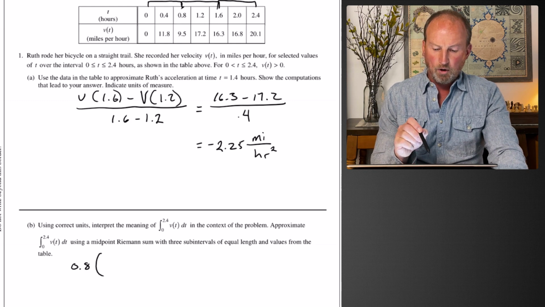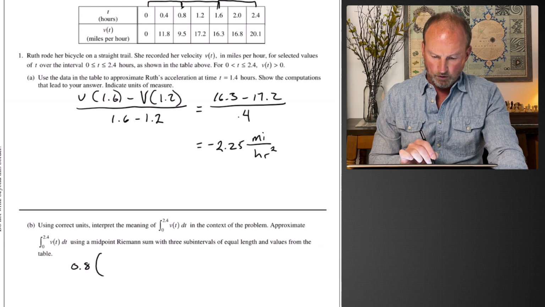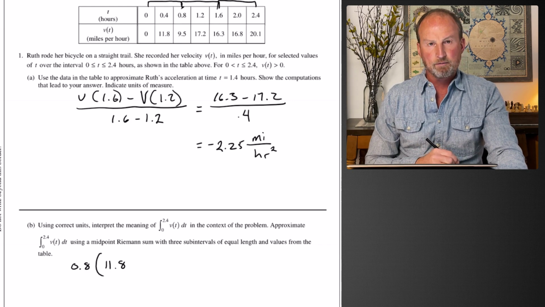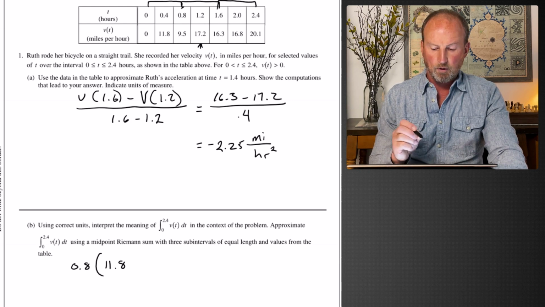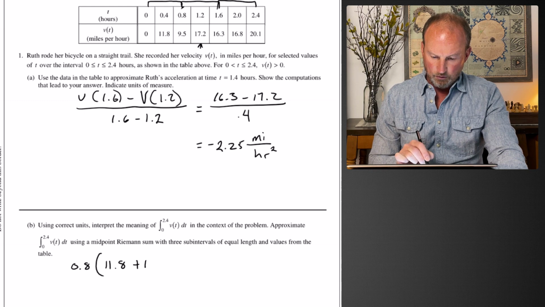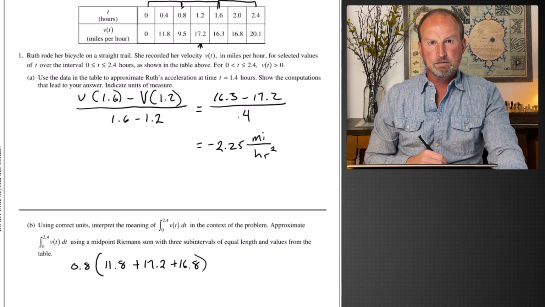For my midpoint Riemann sum, what is halfway between the 2 endpoints looks like 0.4, and the y value at 0.4 is 11.8. Next subinterval, my midpoint is at 1.2, and the y value is 17.2. And the last one, the midpoint is at 2.0, and so my y value is 16.8.